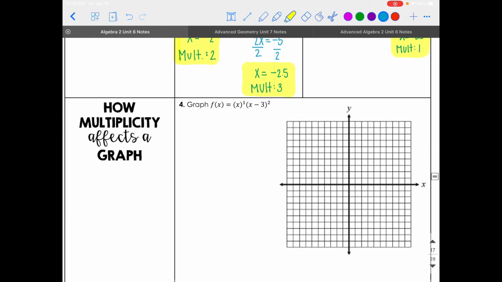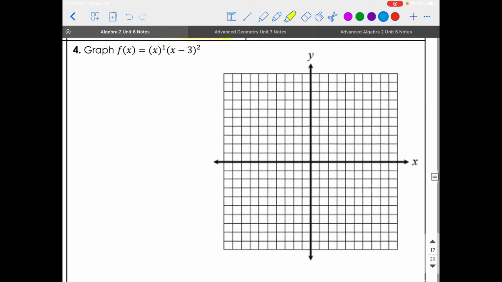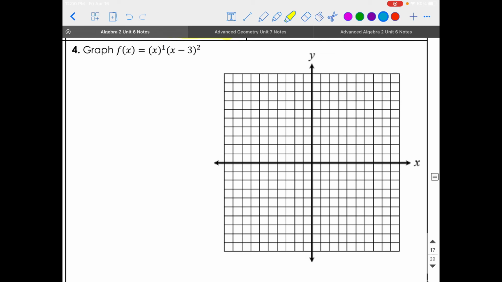So why is this important? Well, let's do an example, and I'll show you what the multiplicity has to do with anything. So before we actually graph it, let's just do what we were doing in the previous examples. x equals 0. We take this first one, x equals 0.